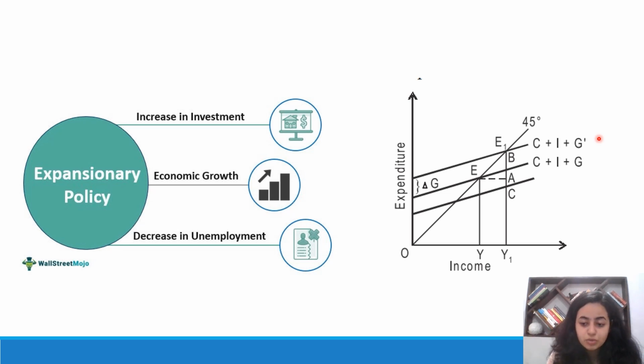More and more resources will be involved in the production process. More people will be hired to answer that increased demand. Thus the unemployment will reduce. In this way, the expansionary policy works to decrease unemployment.